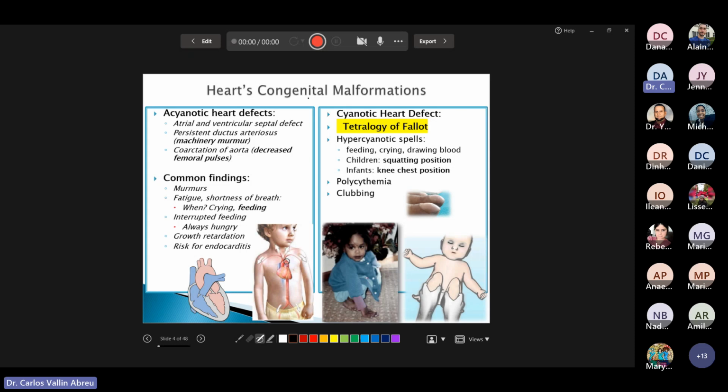There are many. Then what you are going to have is mainly a failure of pumping, a failure of pump. And the baby will present mainly signs and symptoms of heart failure.